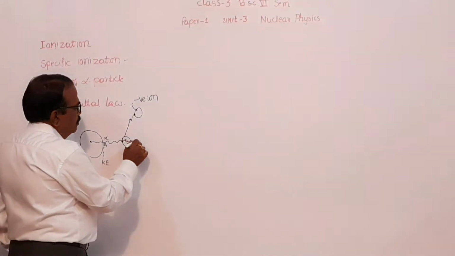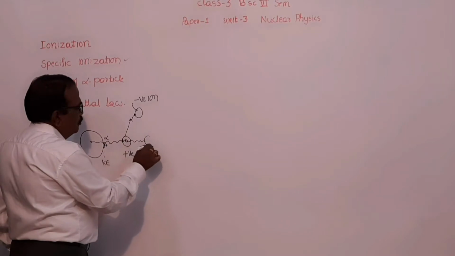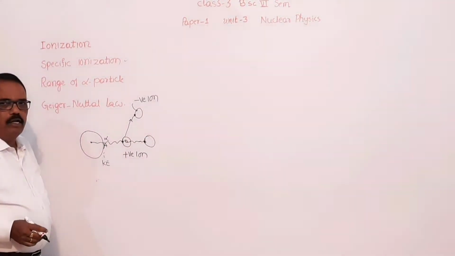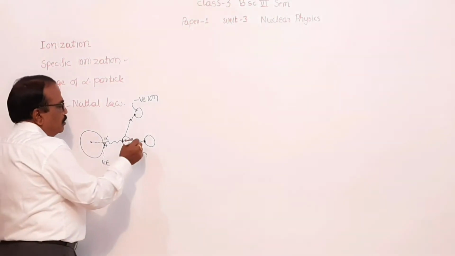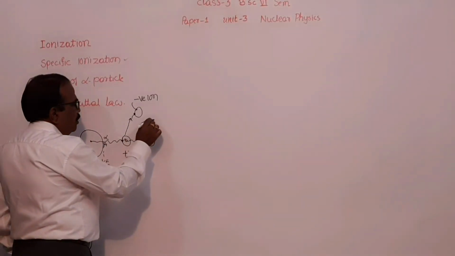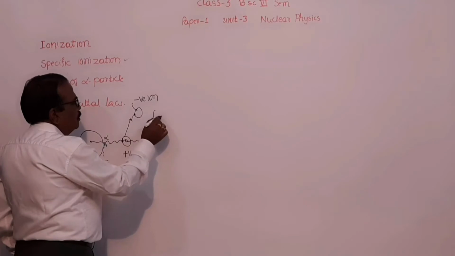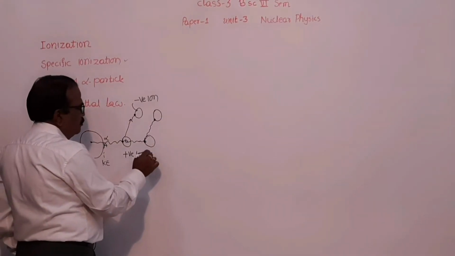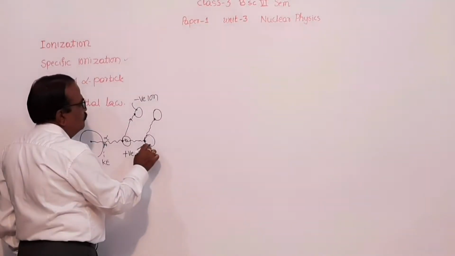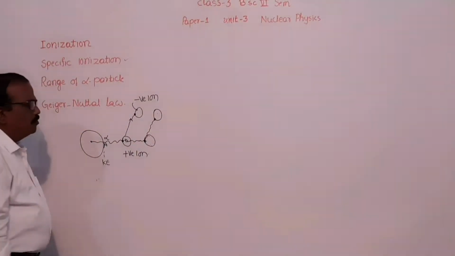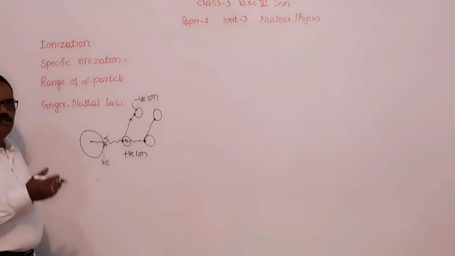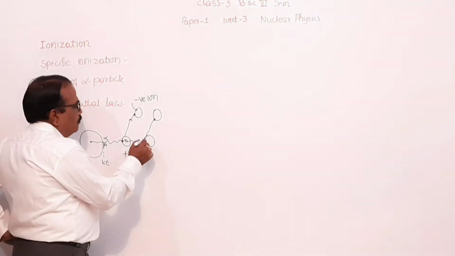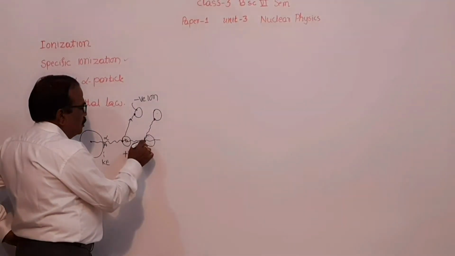Then further it moves, same phenomena occurs again. It finds another atom, removes an electron, it may settle on another orbit. Then this is once again positive ion, and this is negative ion. This process continues. Then alpha particle loses that certain energy.